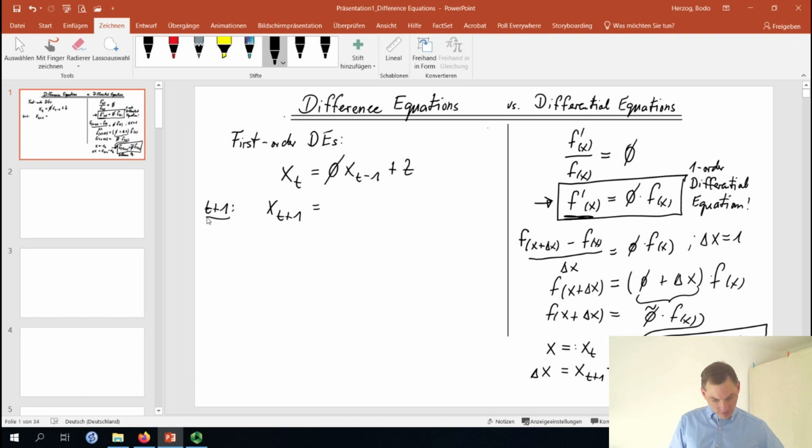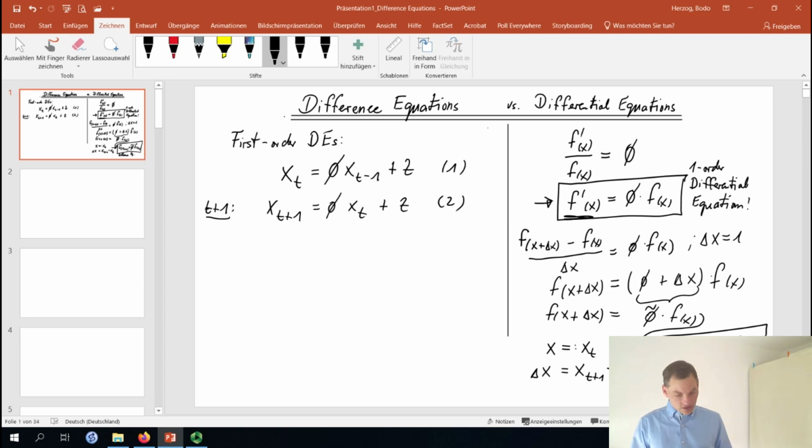If we shift the first equation one period into the future, then this x of t becomes x of t plus 1, and that would be f of x of t plus c. Suppose c and phi are independent of time and are constants, simple numbers. So you see, in principle, equation 2 features exactly what we have derived in this box, and that is related to the differential equation.